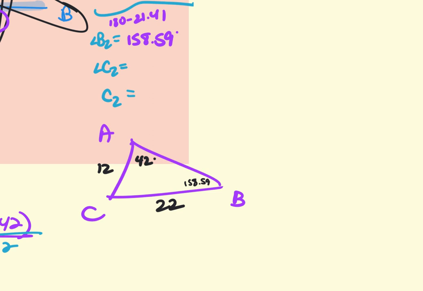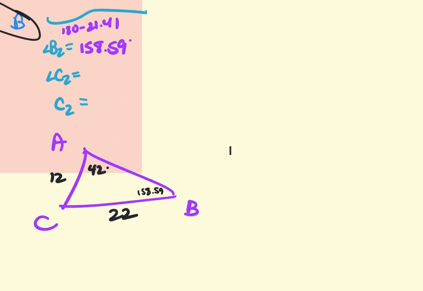Now the last angle I have to find is C2. I would have to do 180 minus the A they originally gave me, minus the 158.59. What happens if I do that? It's going to be negative, negative 20.59.